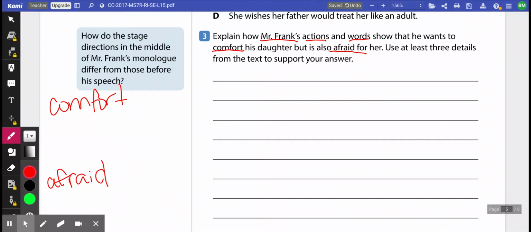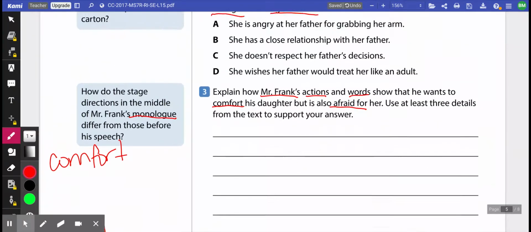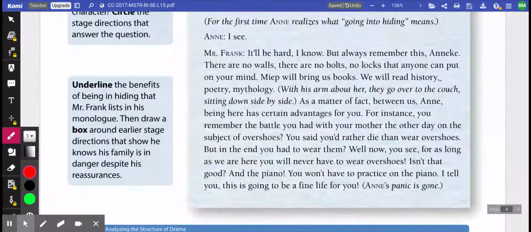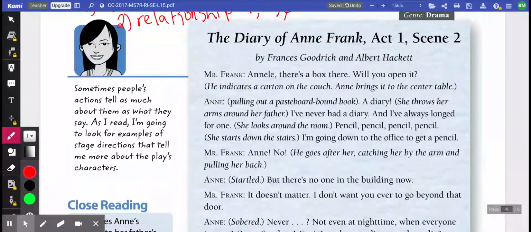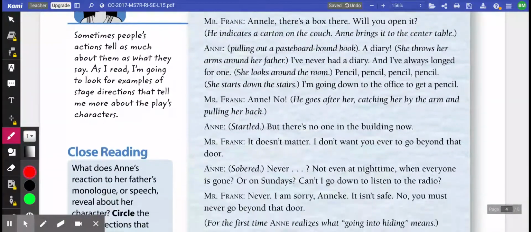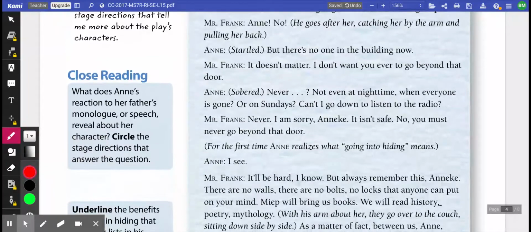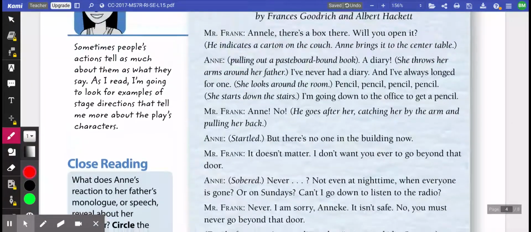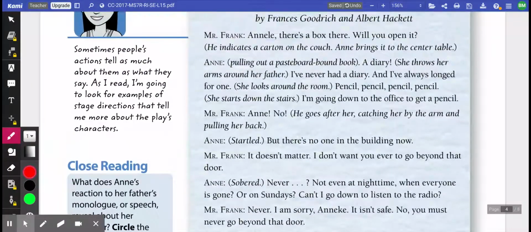Okay. Now, my hint over here on the side tells me that there's going to be a monologue. So I'm going to go back and look at my text and see if I can find a long speech by any one character. And so far, what do I see? Well, I see Mr. Frank talking here. I see Anne here.